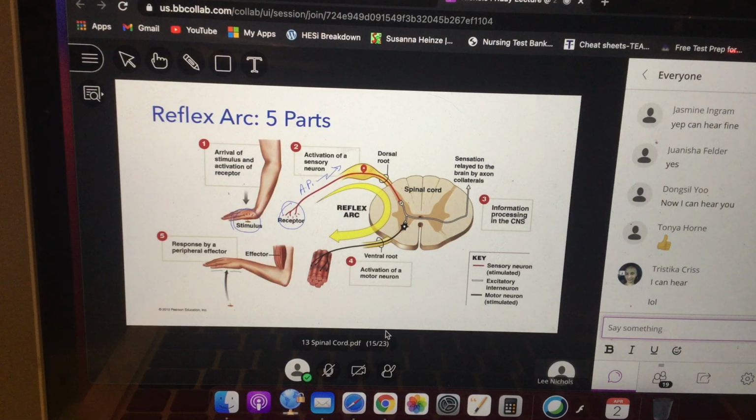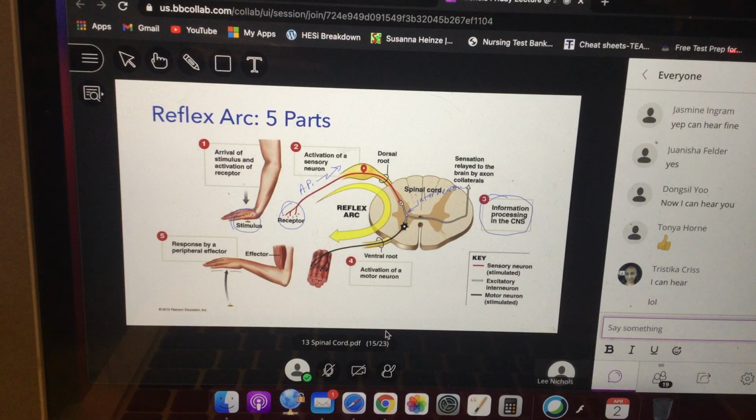Then, not always, but sometimes you have an interneuron, but always you have some sort of happening in the central nervous system, in this case, right in the spinal cord. There may be a second neuron here called an interneuron, but there doesn't have to be.